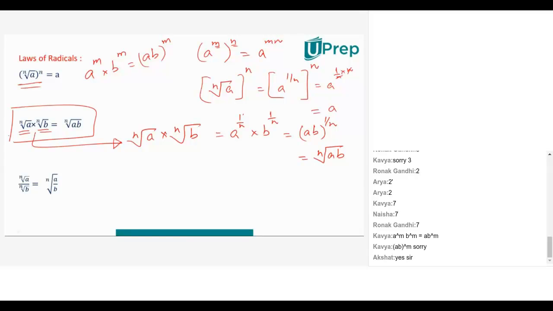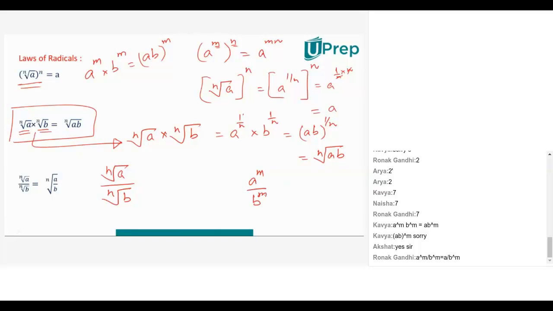I hope I'm making sense to everyone. Correct? Now the same logic holds good here. If you have nth root of a divided by nth root of b, basically it's like a power m by b power m. We learned that if the powers are same and they are divided, the values can be divided normally. It will be a by b whole to the power of m.